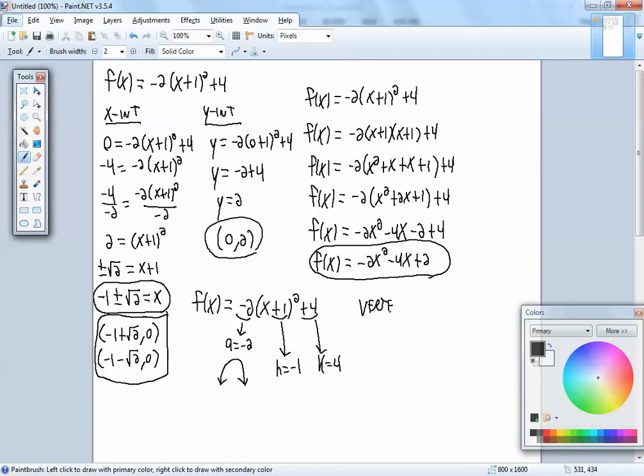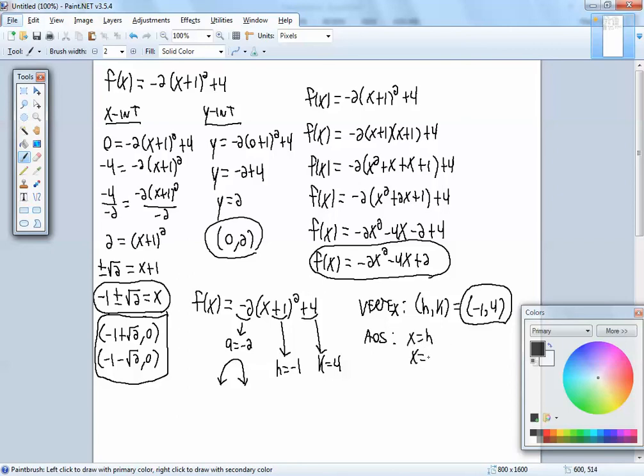Now, if you have h, k, and a, you can tell some of these different items. Vertex is going to be hk, which is -1, 4. So that's our vertex. Then axis symmetry, which is what it's also asking for, is going to be x equals h.